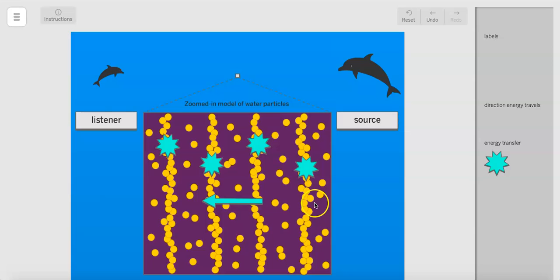We know that the water particles need to move towards the listener, which is why we put our arrow towards the listener. And we know that the energy is being transferred when they come together. When they come together, they're bumping into one another, they're colliding. That is how the energy is being transferred. That is how the waves are going to be shifted towards the listener.